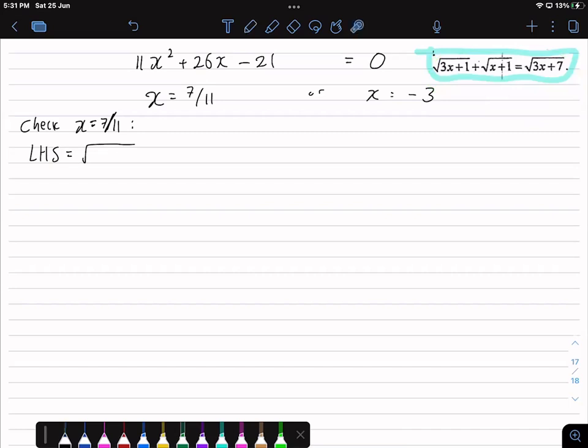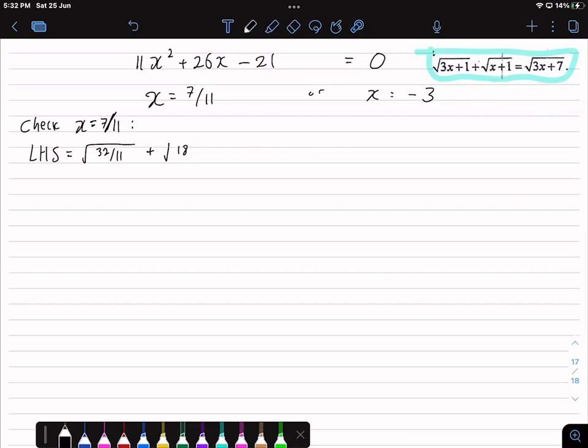You can type in the calculator straight away. What's 3x plus 1? 3 times 7 over 11 plus 1. I think it's 32 over 11. And then you add on square root of, what is it? It's 18 over 11.